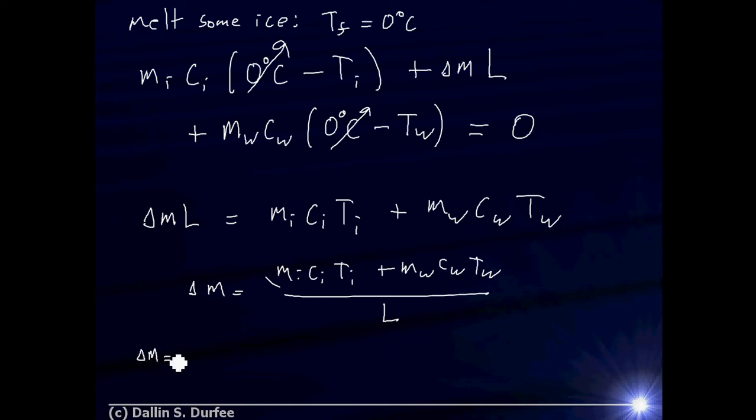So the change in ice is going to be, the mass of the ice was 0.3 kilograms. The specific heat of ice, it's 4186 joules per kilogram Kelvin. If you look in your book, it gives it as degrees C. Same units, right? Because I always multiply specific heat by a temperature difference, and that's the same in Kelvin and Celsius.